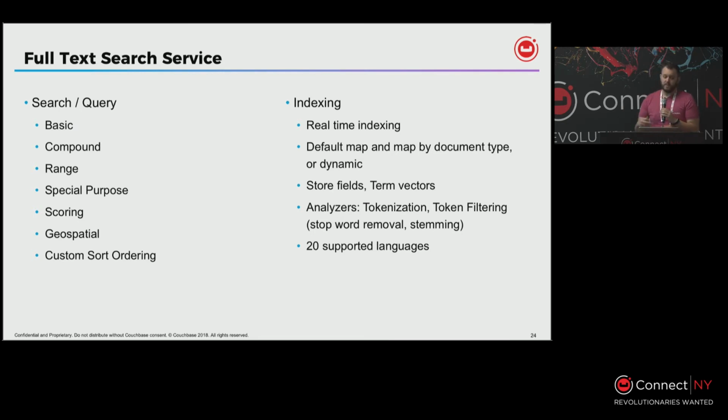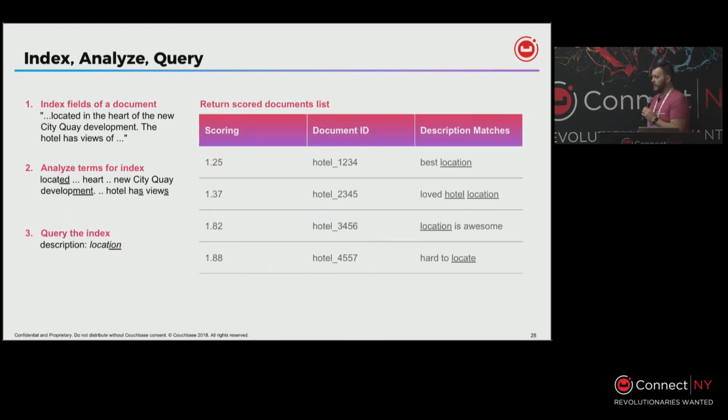And again, this is real-time indexing that is happening asynchronously from your initial mutation to where that data was ingested. We're able to index, analyze, and query this data, score the results appropriately, and return you back matching document IDs, as well as description matches for things like syntax highlighting, etc.